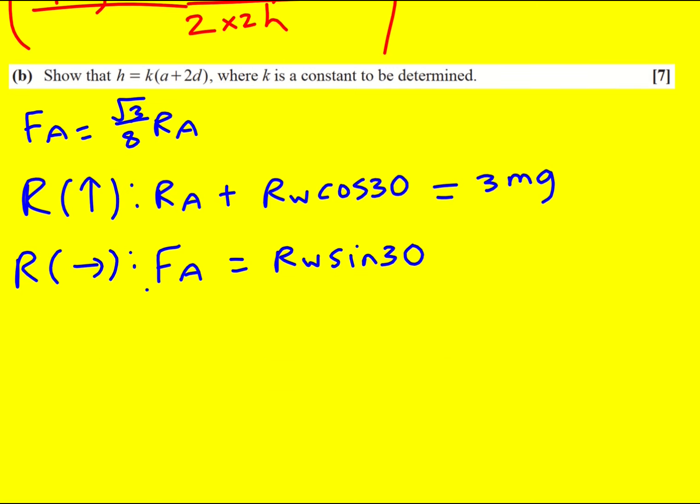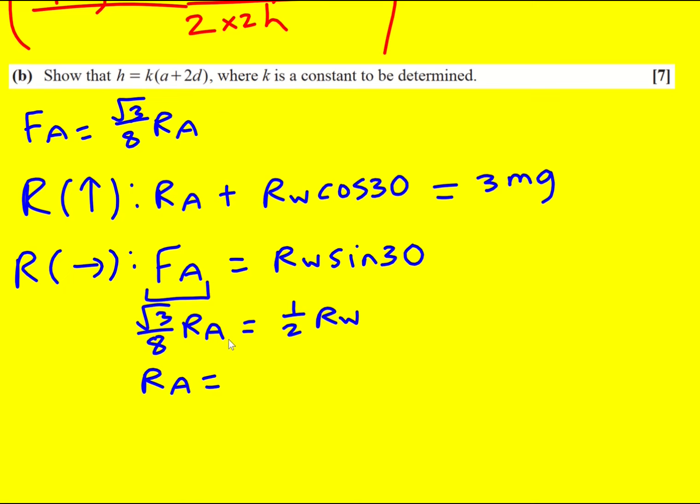And remember, Fa is equal to root 3 over 8 Ra. Sine 30 is a half. So that means I want to get this right.